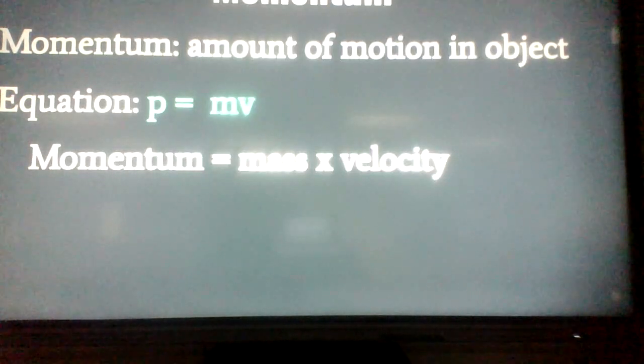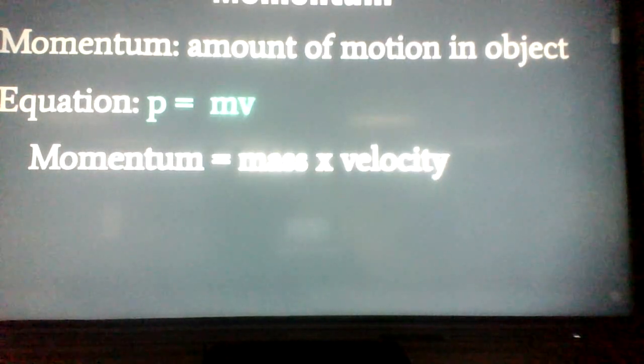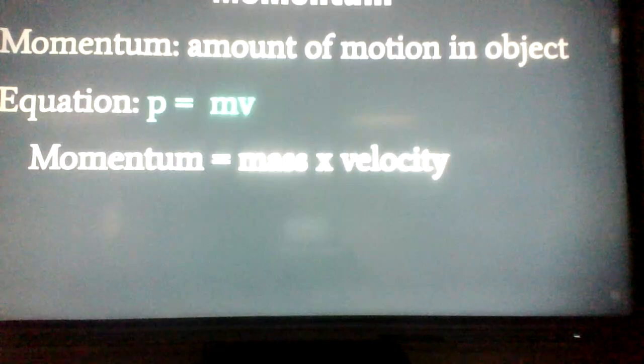Now remember, a few minutes ago, we talked about inertia, mass, and velocity. An object that has more mass has more inertia. An object that has more velocity, this object's moving, has more inertia. So we're talking about either stationary or moving inertia. Well, a stationary object has no velocity.